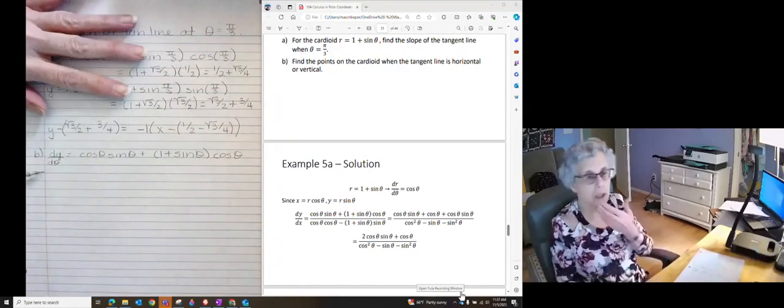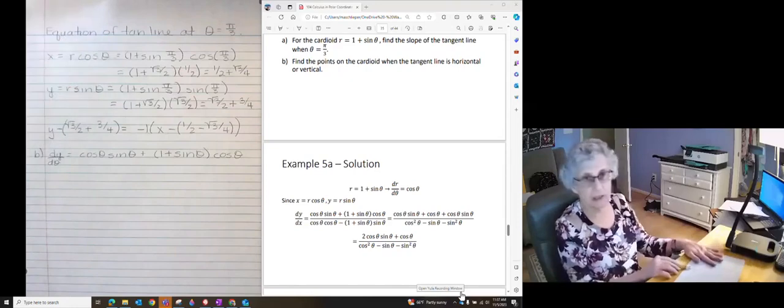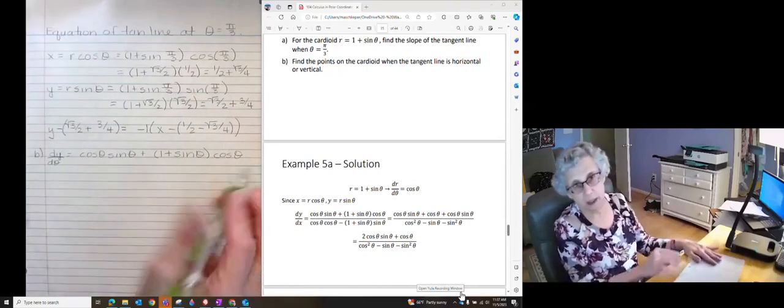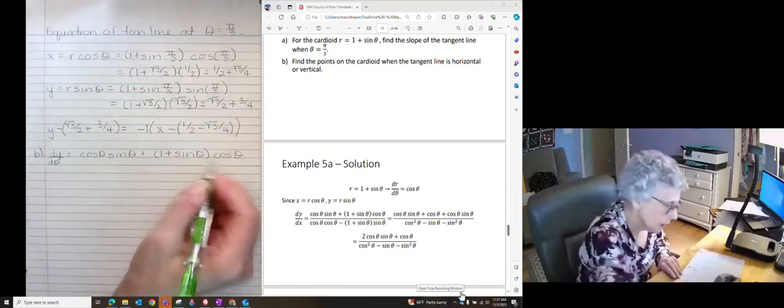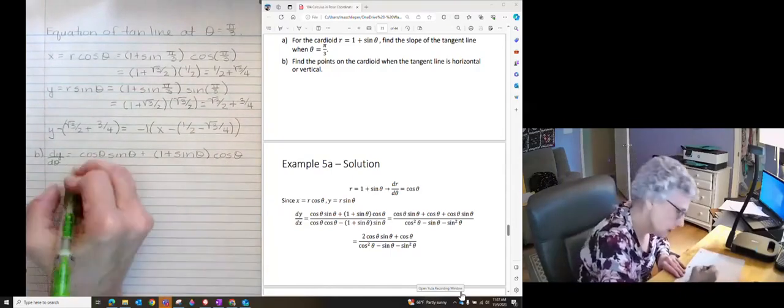Now to move on to part B, I just copied down dy d theta from my other page, and I need to set this equal to 0.